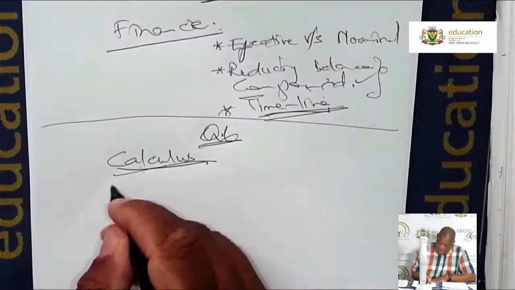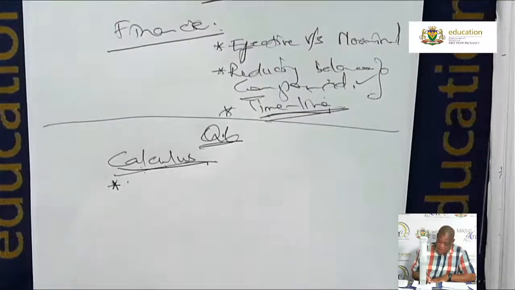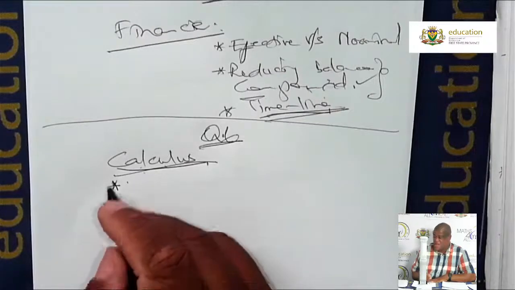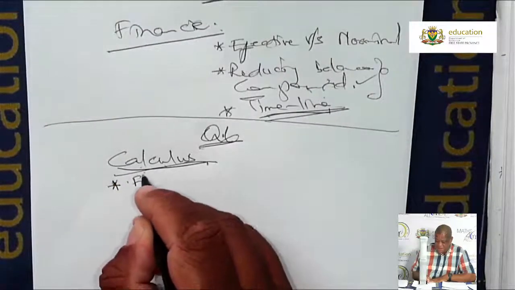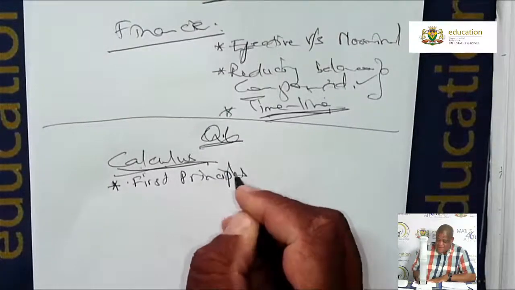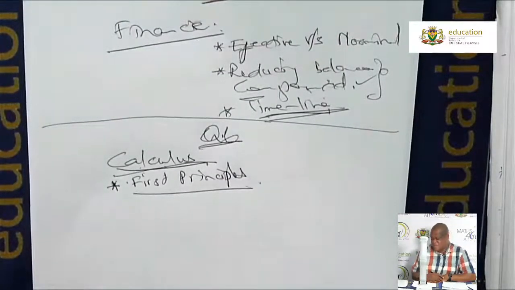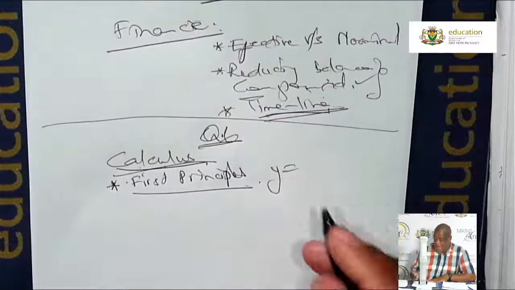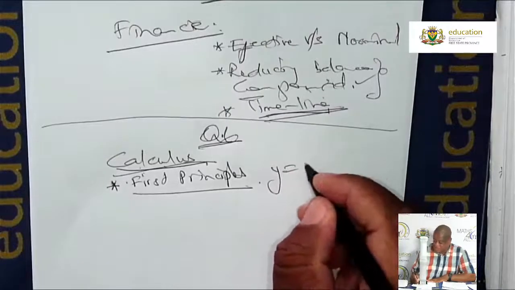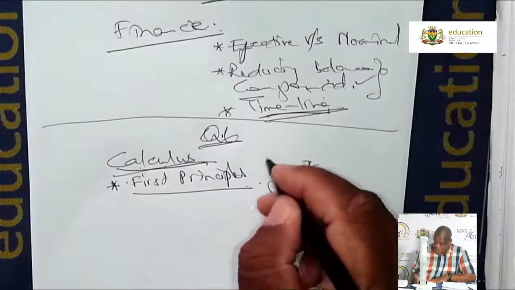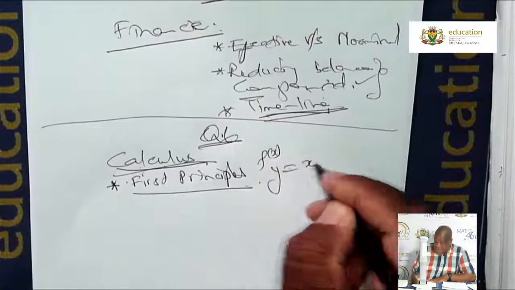The first thing we need to know when we come across a calculus question is how to differentiate using first principles. That question will come either as y equal to x, or not using y but using f of x equal to x.